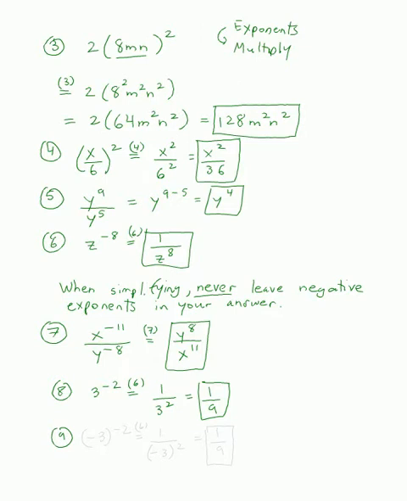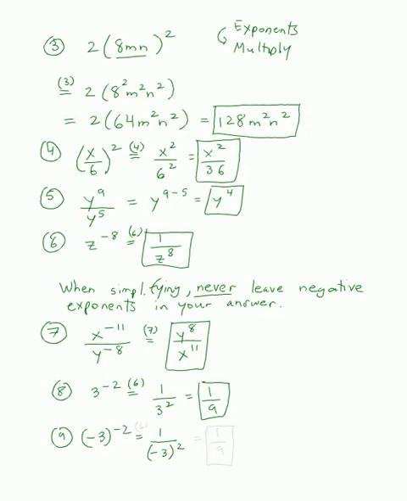What about negative 3 to the negative 2? This can be very confusing because we're raising a negative number to a negative power. But let's look at the rule closely. Rule 6 says that we write it as 1 over whatever I had before squared.